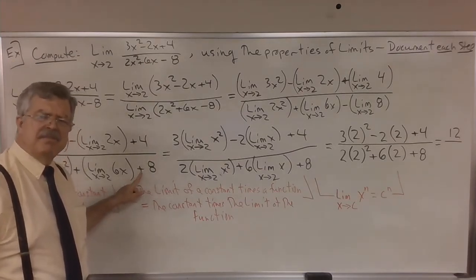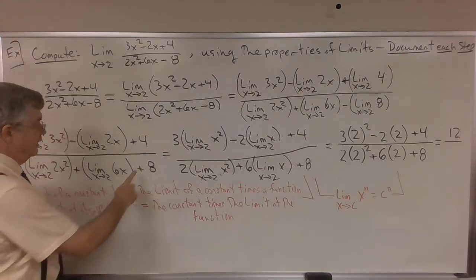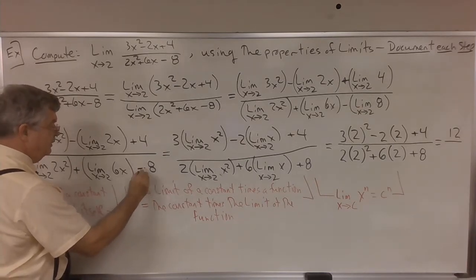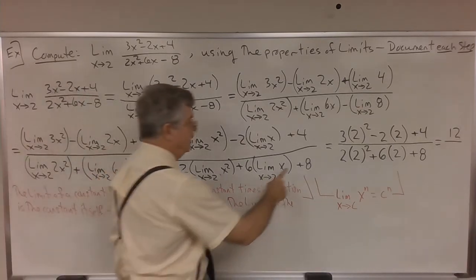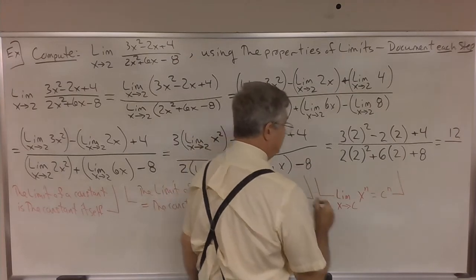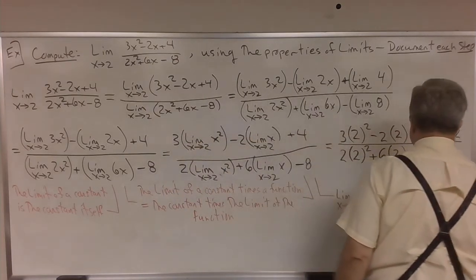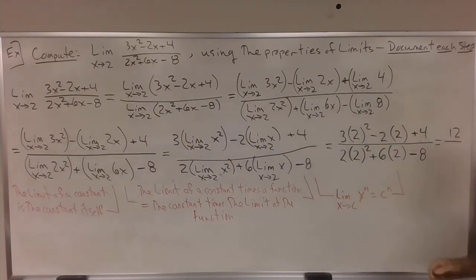I don't know why people think I'm dyslexic. Okay, this should be a minus here, and a minus. Let's try that again. 2 times 4 is 8, plus 12 is 20, minus 8 is 12.